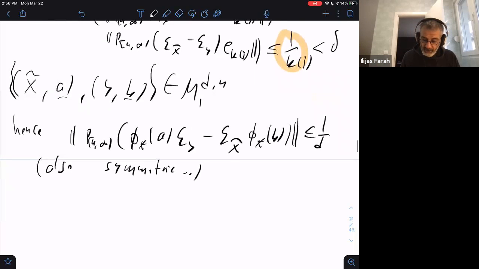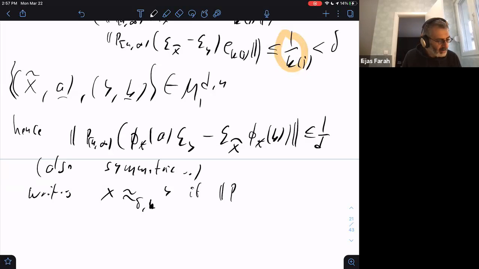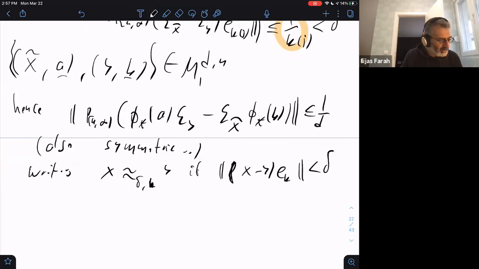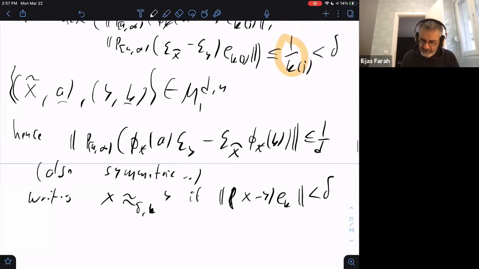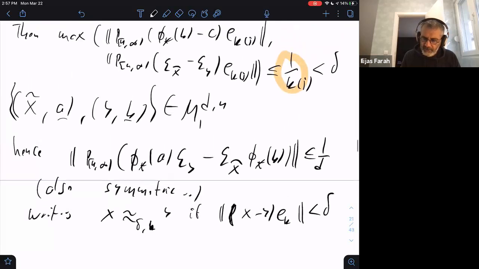Now, what do we have? So writing x tilde delta_k y is k if the norm of x minus y, E_k, is less than delta, right? So we care about delta here. What do we have? Well, actually, I can probably do it here.